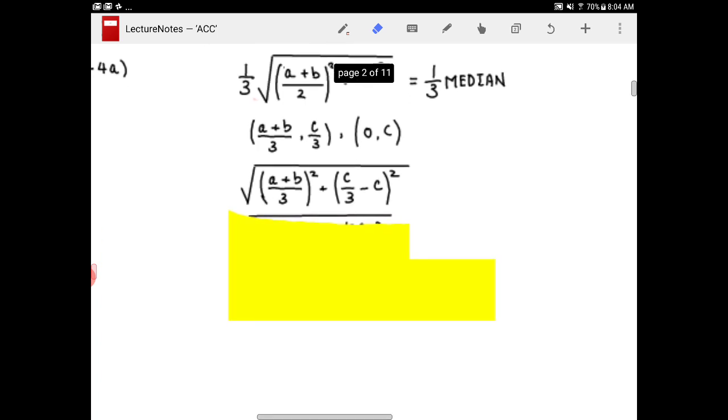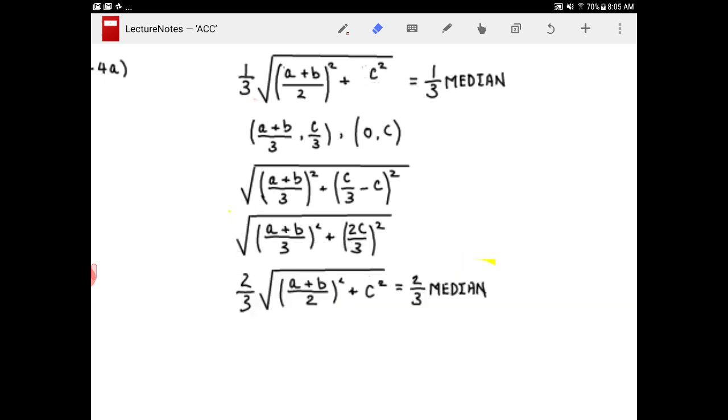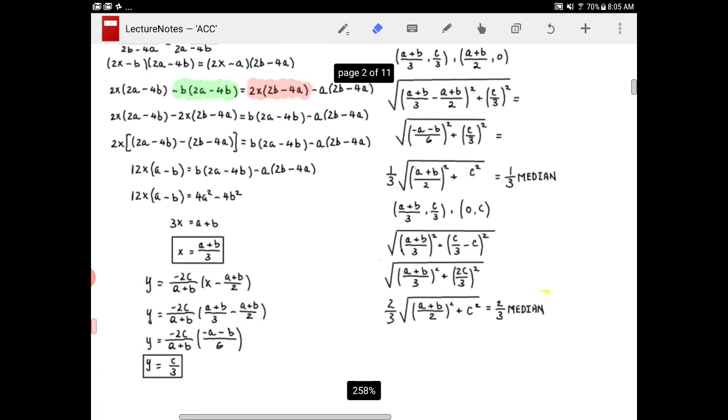And then through some simplification, again, just like from the previous step, we can then verify that it is indeed 2/3 of the median. And that concludes the proof.